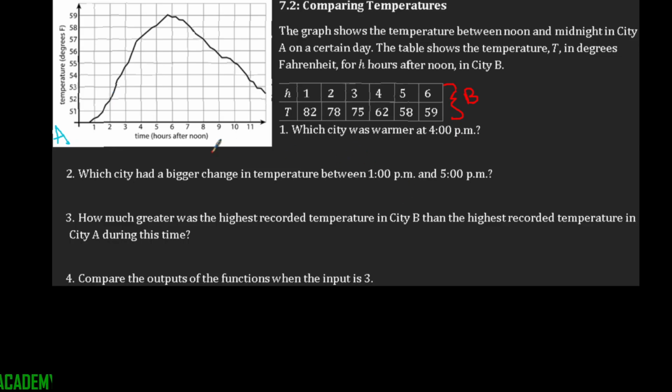So the first one, it says which city is warmer at 4 p.m. So let's find out. Let's find where 4 p.m. is. So in our table, real easy to find.